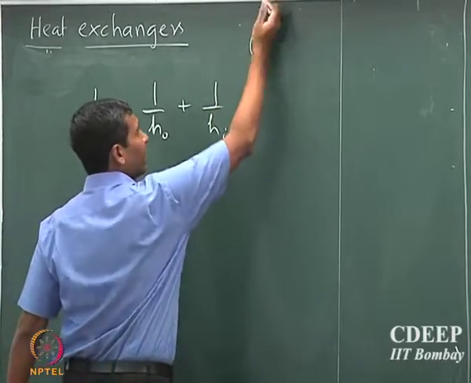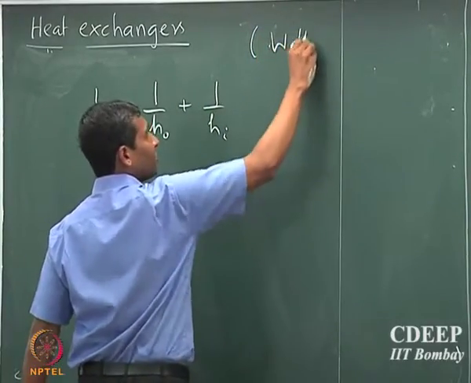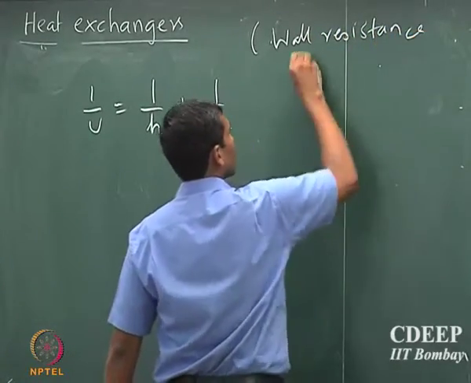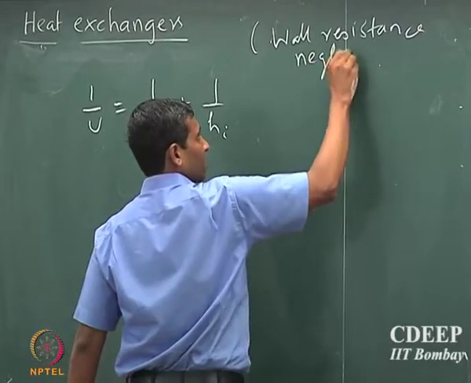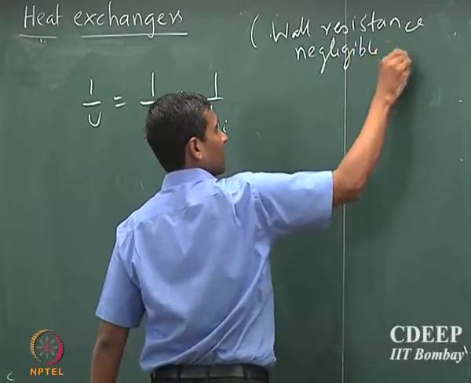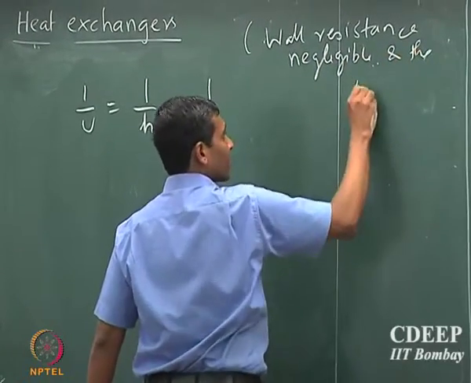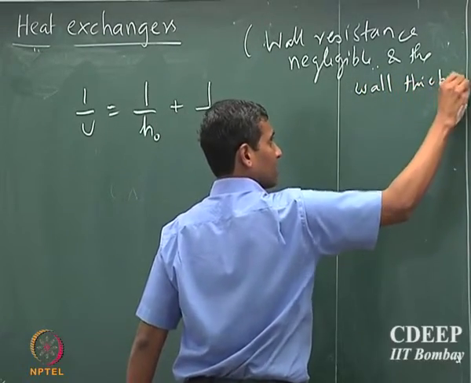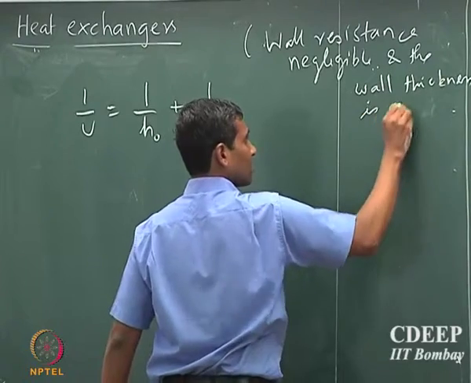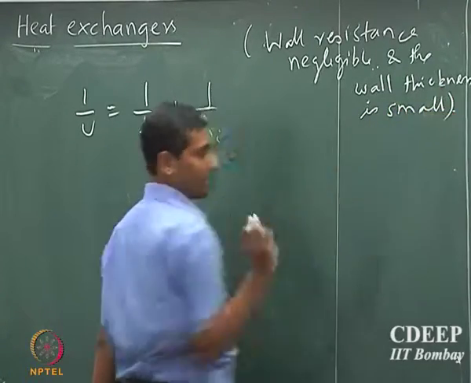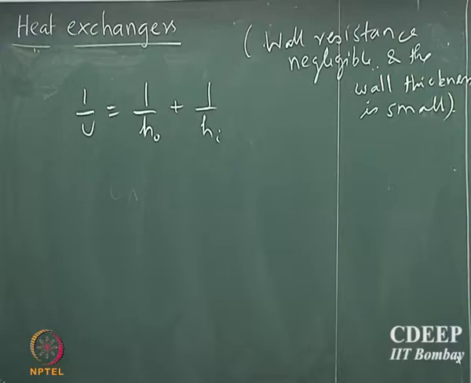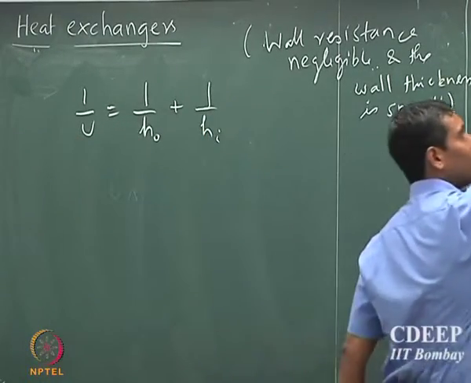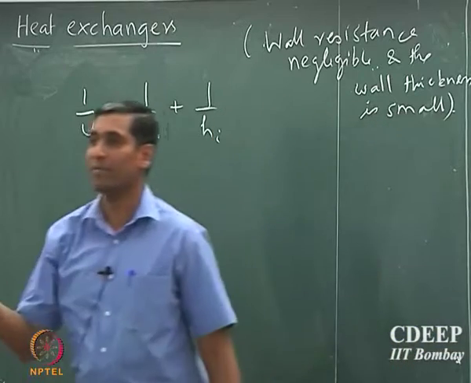So, I am assuming that wall resistance is negligible and the wall thickness is small. So, I assume that the outside and the inside area of the tube are approximately the same.